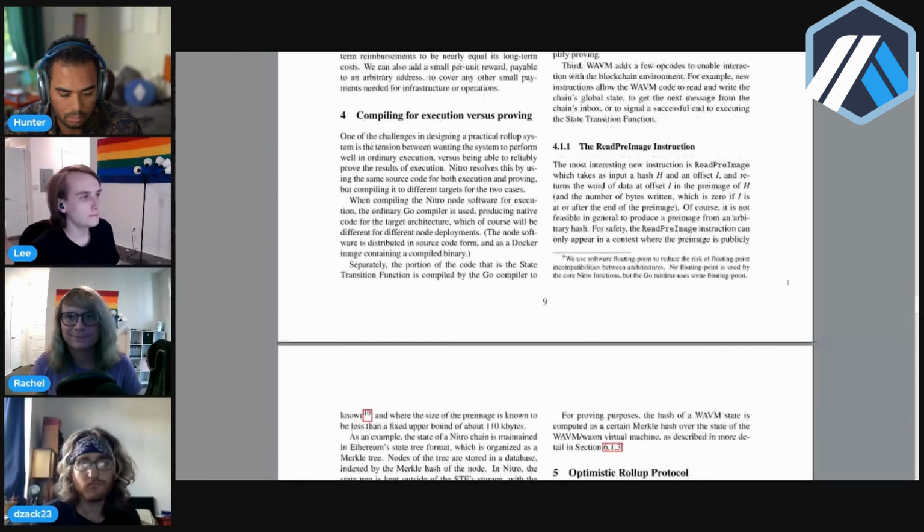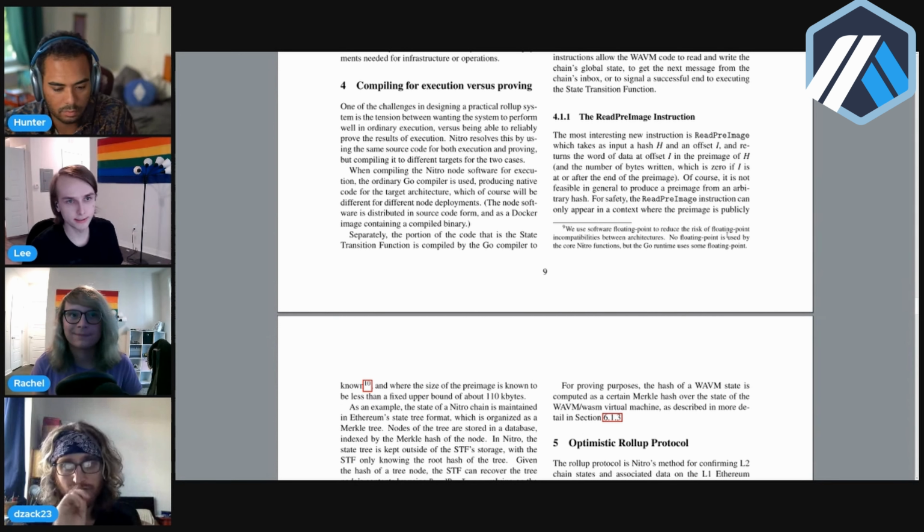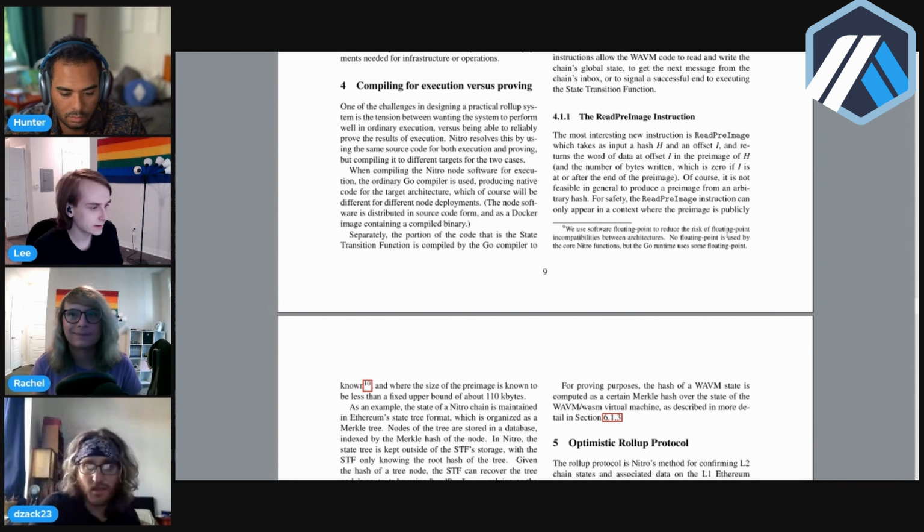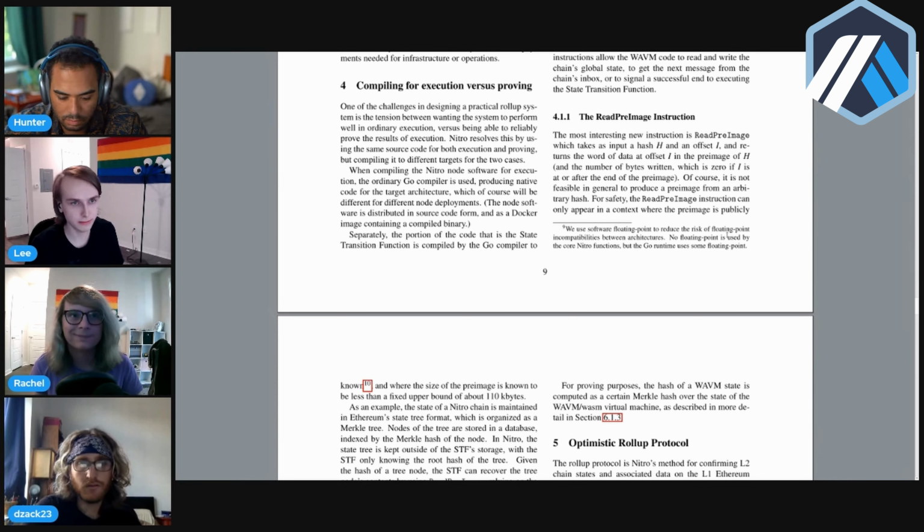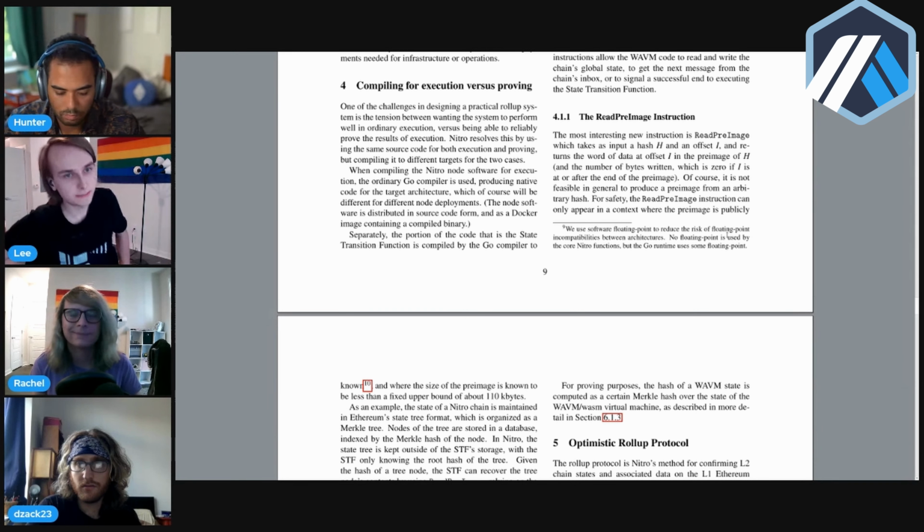Getting into some other details here, one question is, how do you manage state, right? Clearly, we can't post all of Arbitrum state to layer 1. That would be impractical. Arbitrum has a lot of state, and that would be extremely expensive to post to layer 1. So instead, what we do is we just post block hashes to L1.